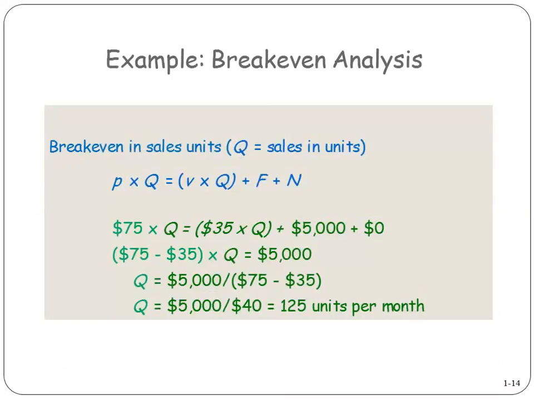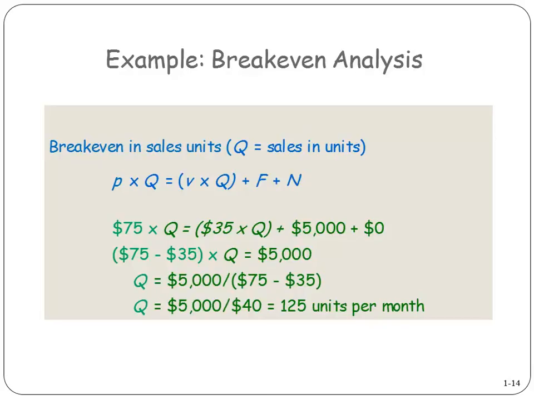So let's do the example. What's the break-even in units? Sales price of 75 times the quantity sold. We don't really know what that is. That's what we're trying to figure out, the break-even quantity, is equal to the $35 variable cost per unit times the quantity sold, which we don't know, plus $5,000 for fixed costs, and profit is 0.